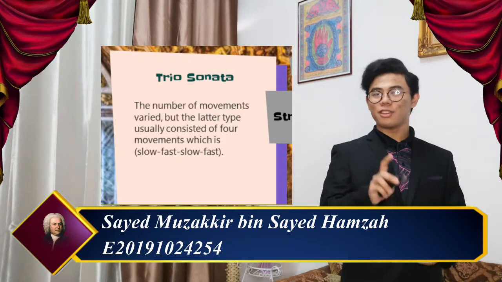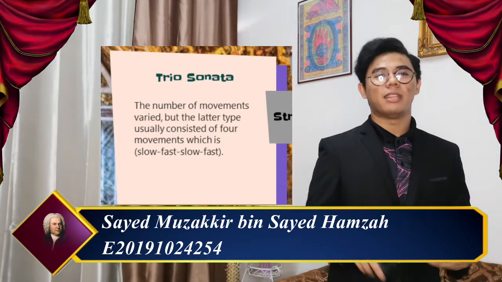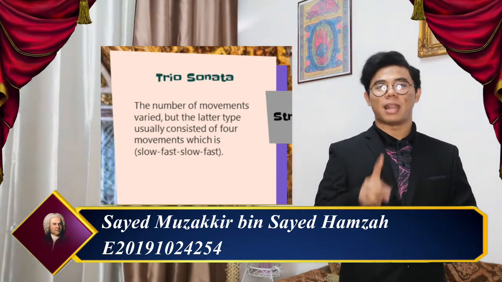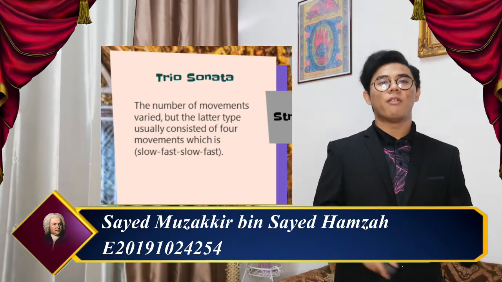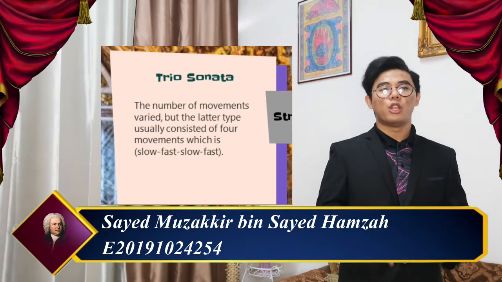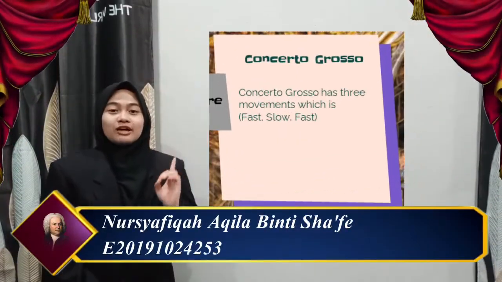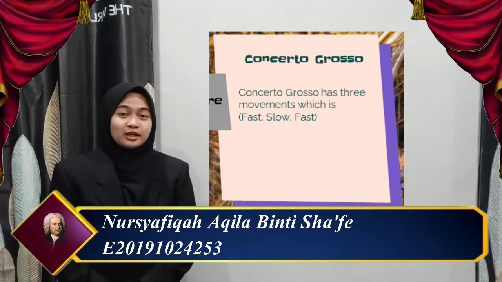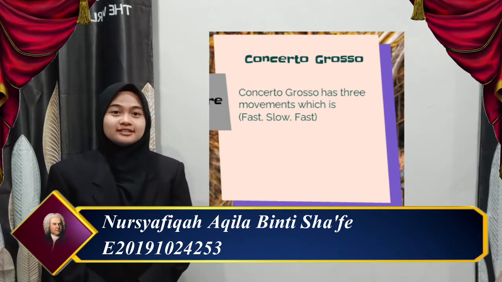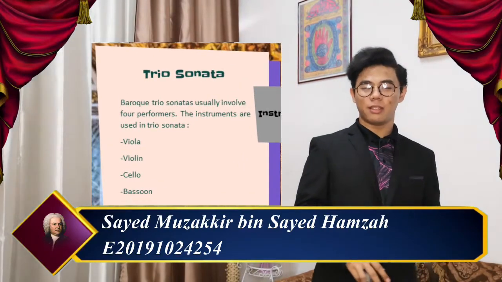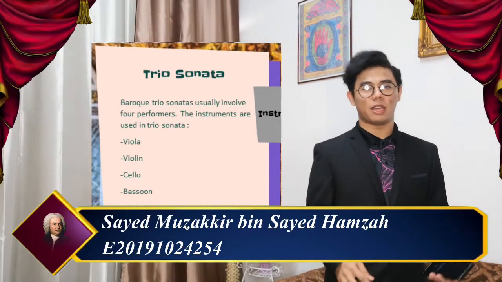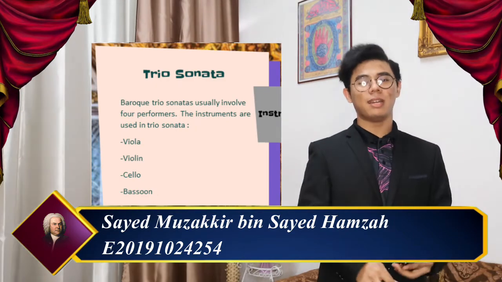I know a bit about trio sonata. In trio sonata, the number of movements varied, but the later type usually consisted of 4 movements, which are slow, fast, slow, fast. Do you know about the concerto grosso, Shafika? Yes, concerto grosso has 3 movements, which are fast, slow, and fast. Referring to the instruments involved, the instruments used in trio sonata are such as viola, violin, cello, and bassoon.